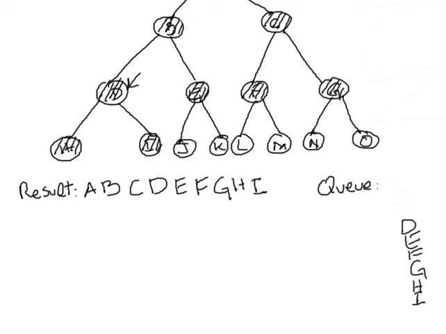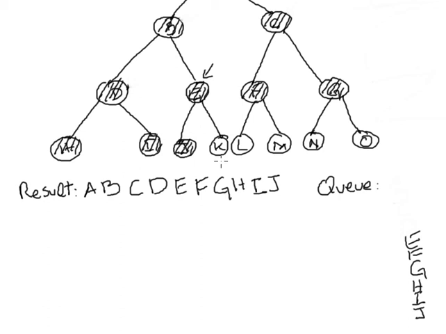So we're going to dequeue D, and the next in line is E, as you can see, and make the pointer go to E. Okay, we have two unvisited nodes. The first is J: put J in our queue and make it visited.